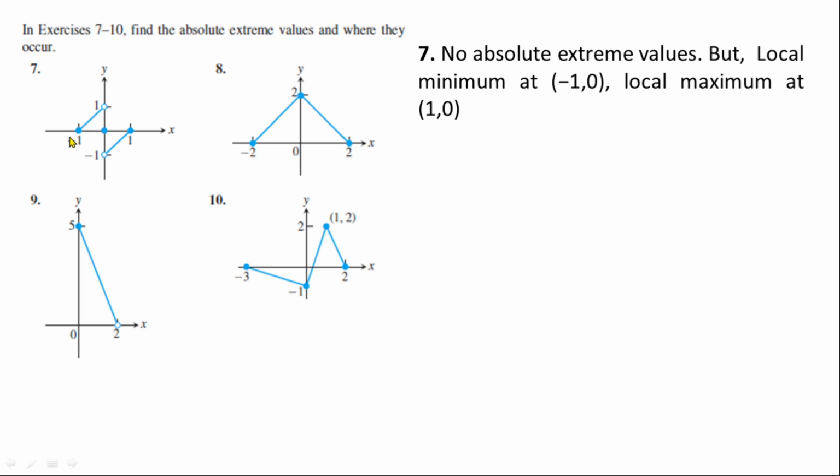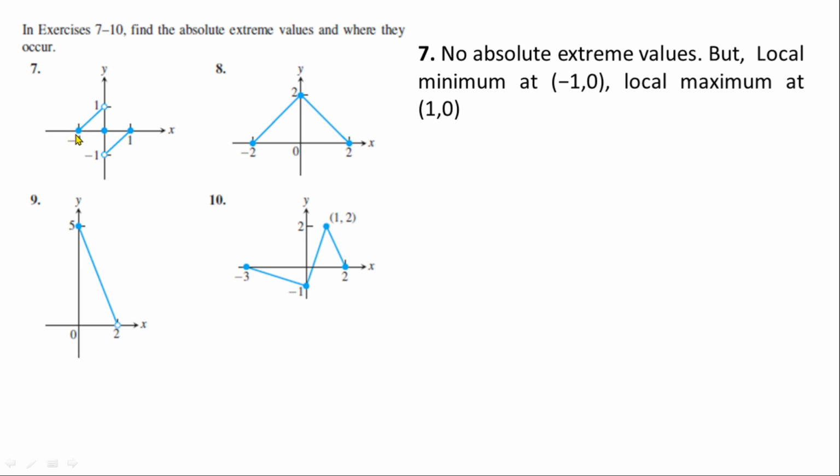But there is a local minimum at (-1, 0), that is, at x equals -1, y is 0. This is the local minimum. That is, this is the minimum value of y for all these neighboring points.